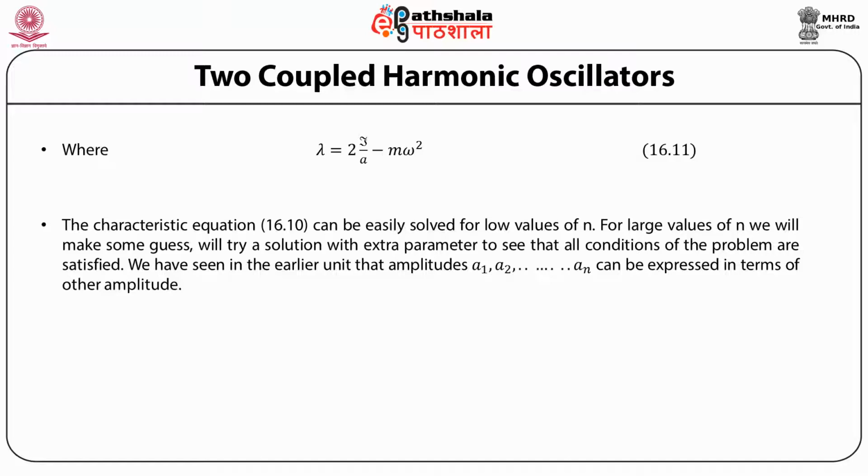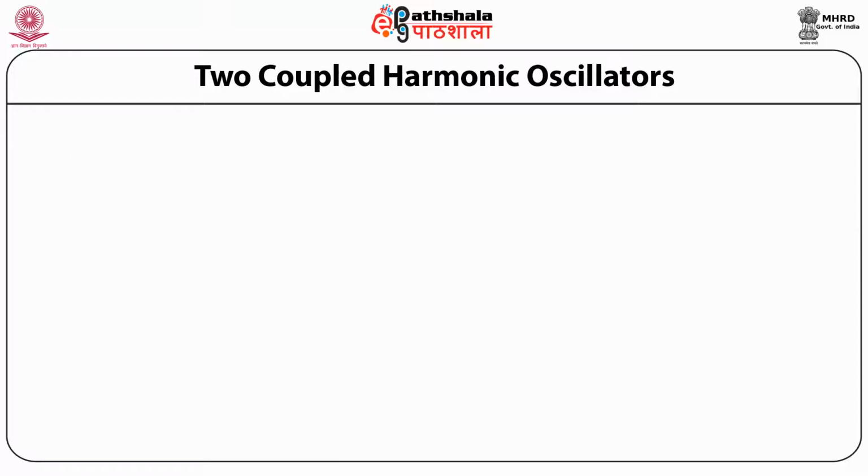We will try a solution with extra parameters to see that all conditions of the problem are satisfied. We have seen in the earlier unit that the amplitudes a1, a2, etc. can be expressed in terms of other amplitudes. So we'll use this to try a solution of the type a k is equal to a1 e to the power i (k beta minus delta), where beta and delta are some parameters.